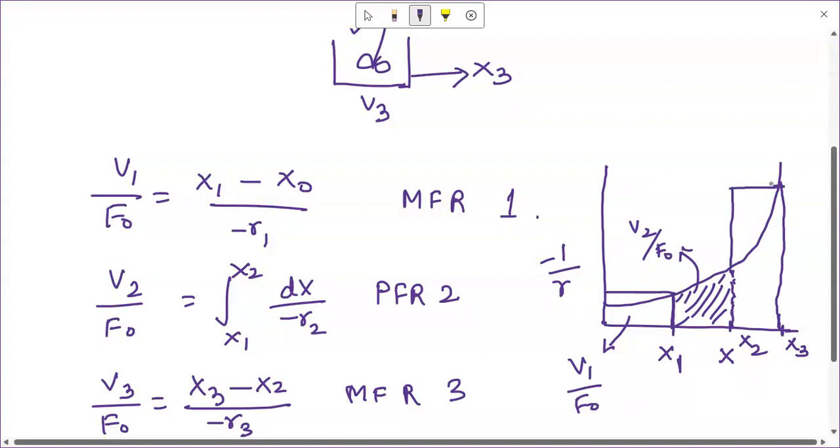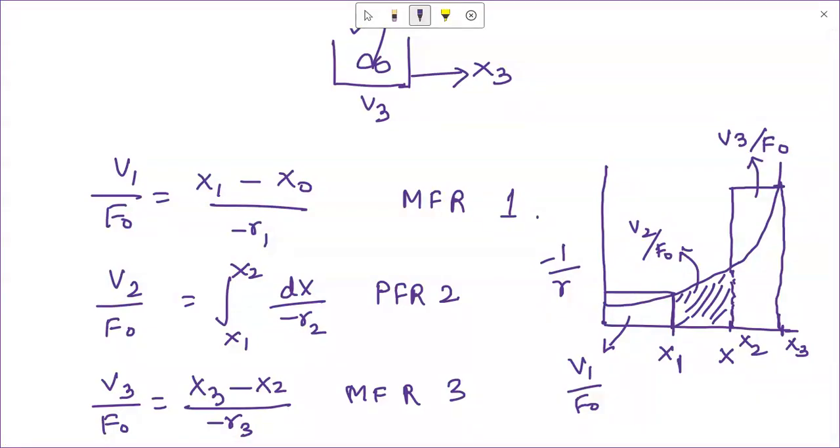So the area of this rectangle will give you V3 by F naught. In this way, you can obtain the size requirement for the three different reactors in series.